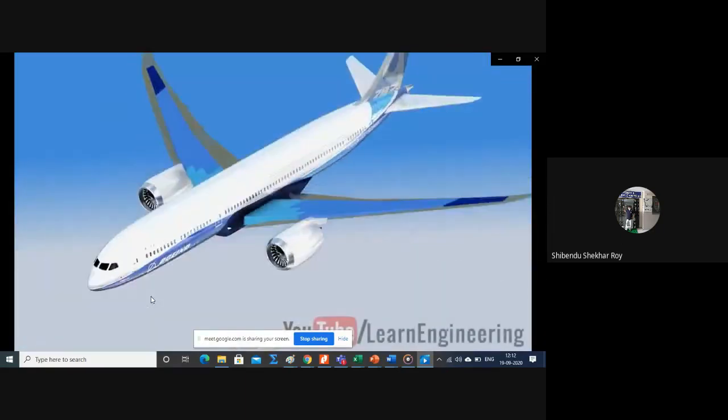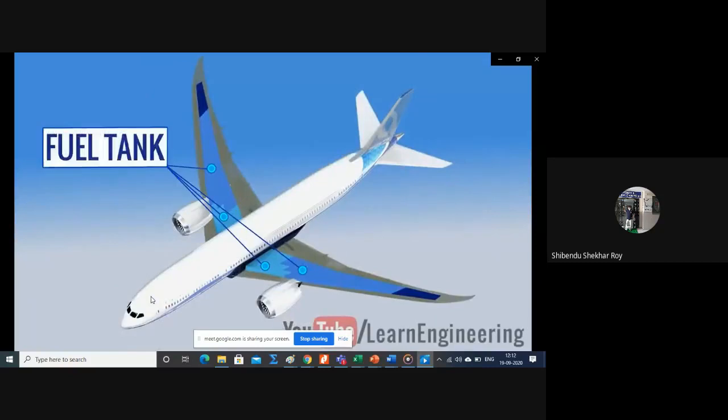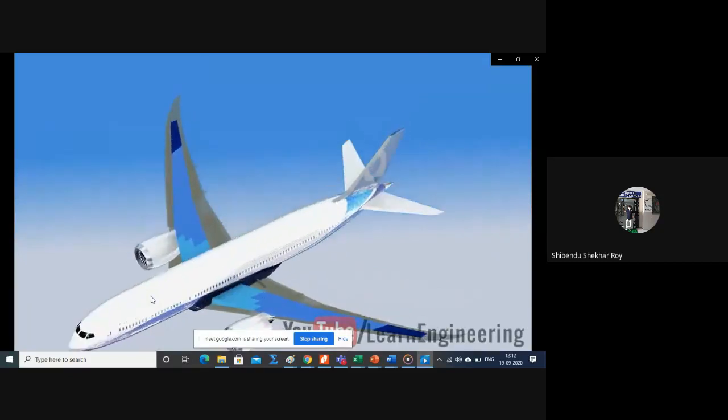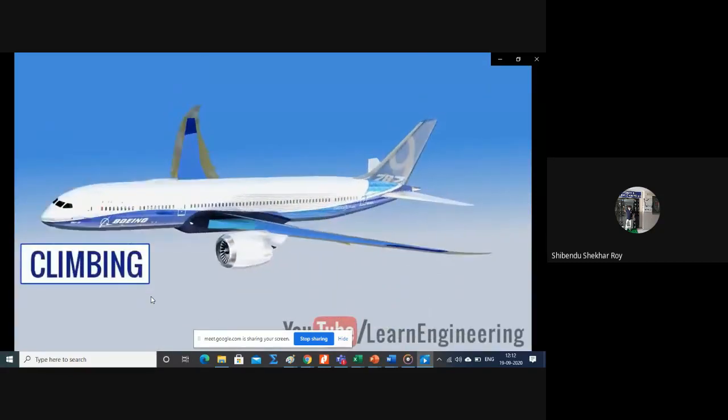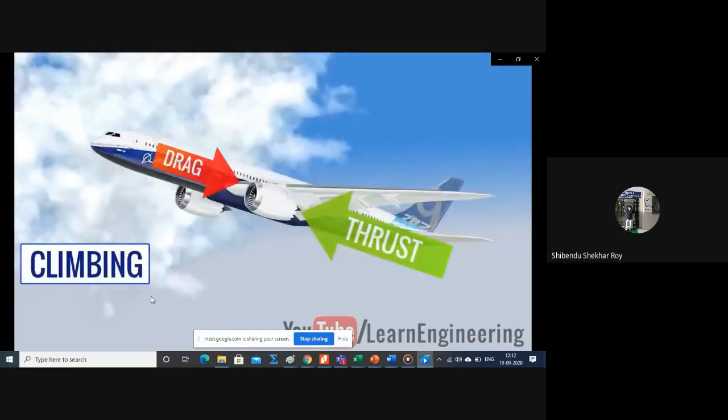Now where the fuel is stored in the aircraft is also interesting. It is in the wings, and the central portion of the aircraft where the wings are connected.